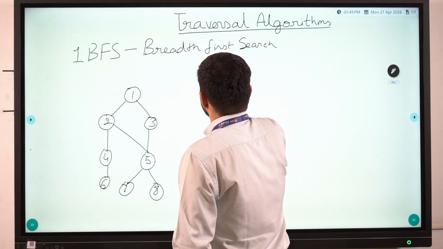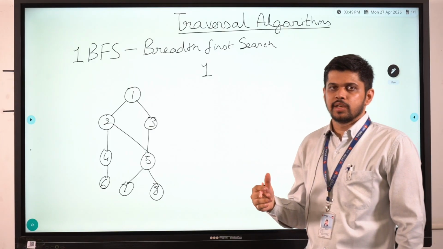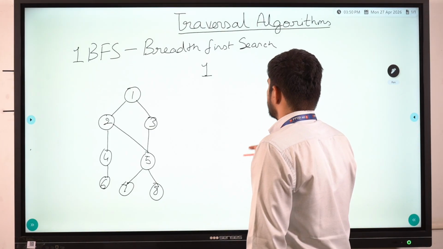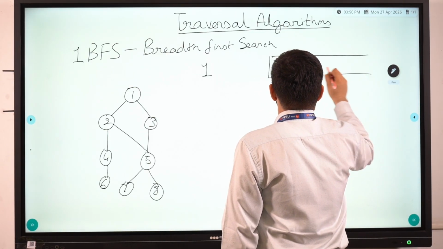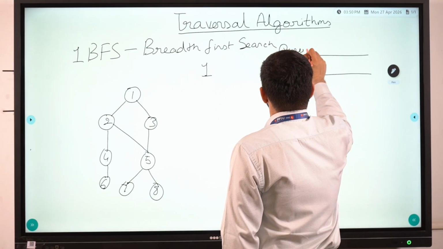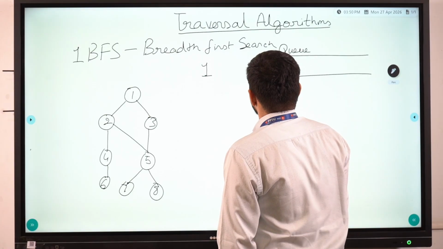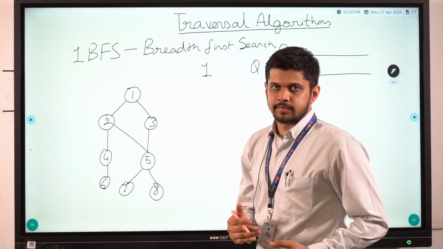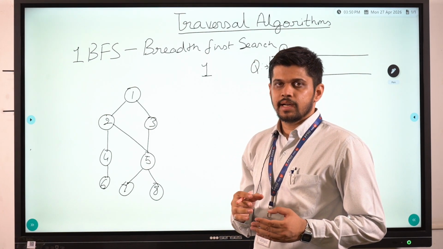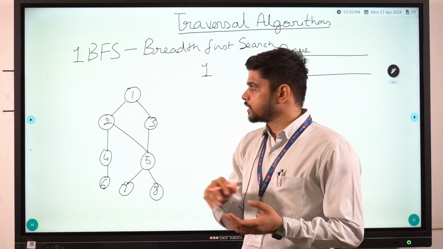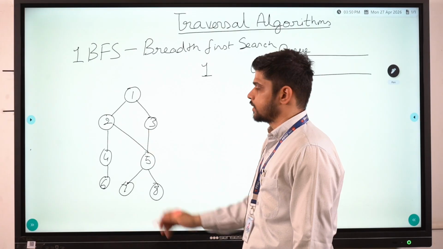So I am starting with 1. Now in this BFS algorithm, we take a queue data structure. This is my queue. And we take a visited array. The visited array tells you whether I have visited this particular node 1 or not, whether I have visited this particular node 2 or not, like that.